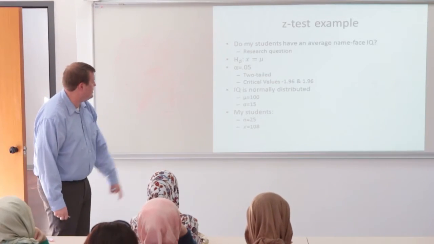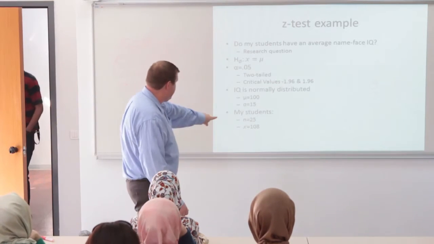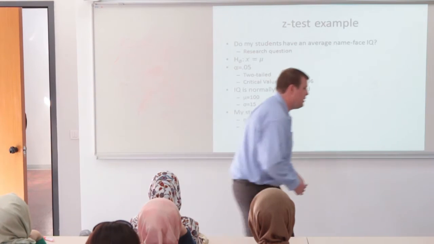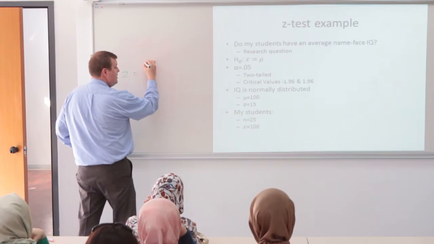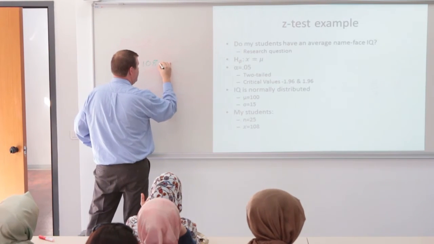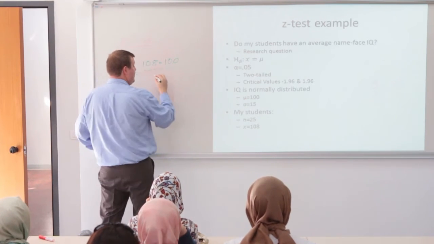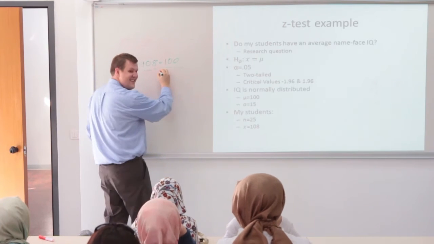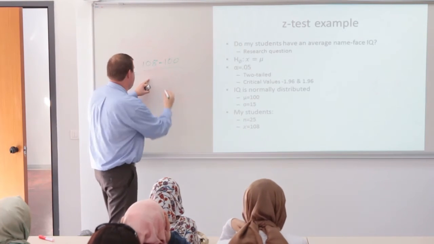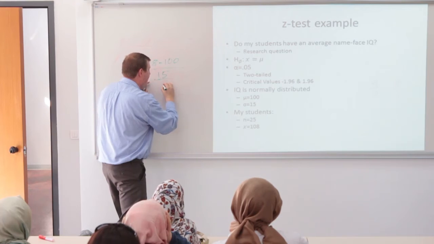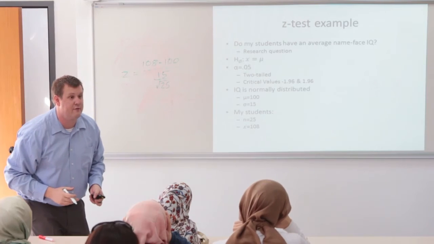Let's say these are my students. I had 25 students submit their scores, and the sample mean was 108. So what is the z-score? Z, we take 108 minus 100, divided by 15, but it's divided by the square root of 25, which is 5, right?